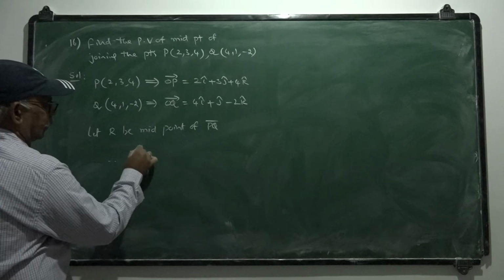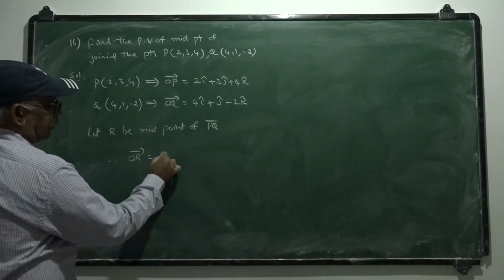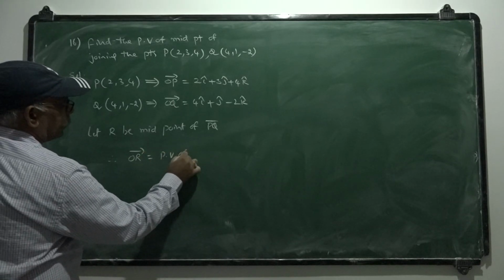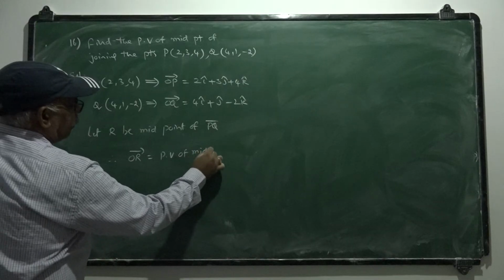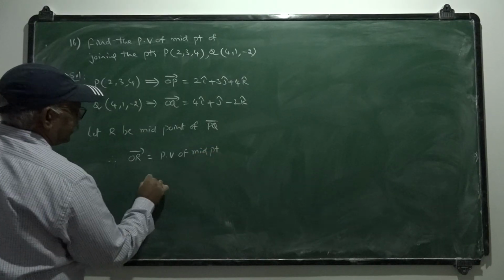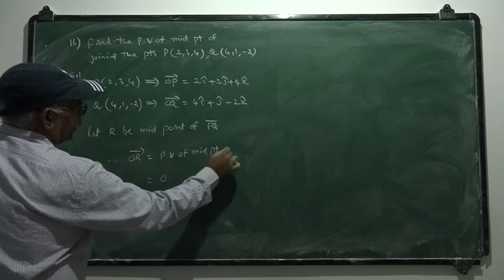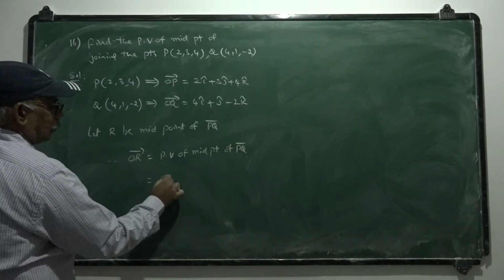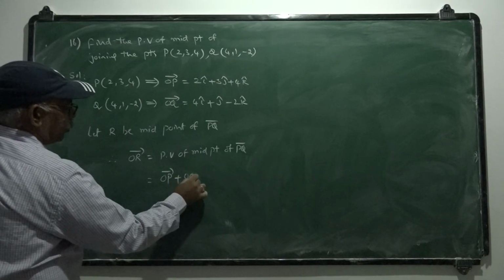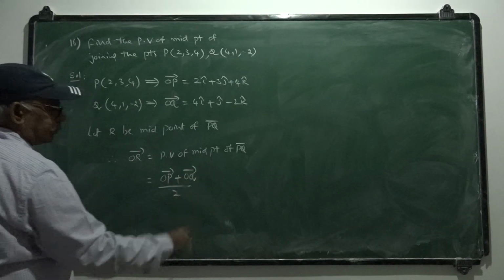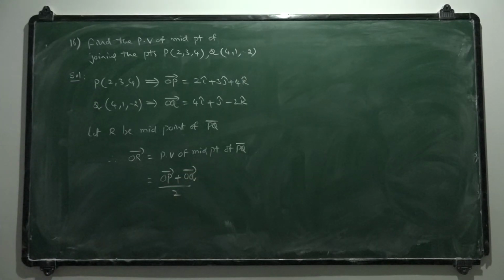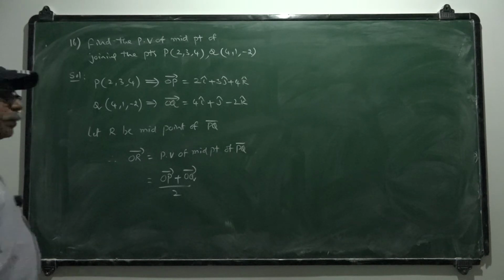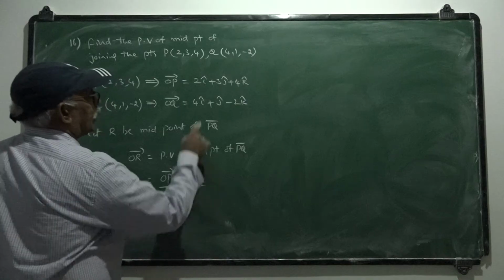Therefore, the position vector of the midpoint OR bar, the midpoint of PQ, is OP bar plus OQ bar by 2 itself. The position vector of the tail plus the position vector of the head, by 2, gives us the midpoint position vector.